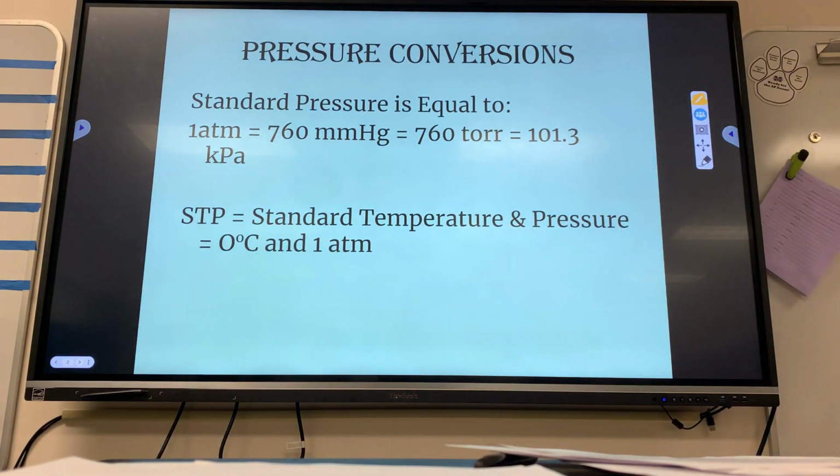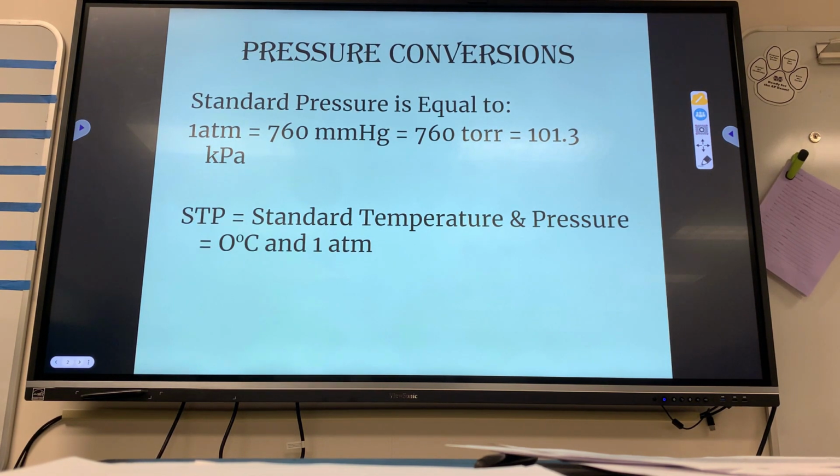So we just talked about standard temperature and pressure. Today we get to define what it specifically is. Those 4 things under standard pressure are all equivalences you can use in a T-chart.